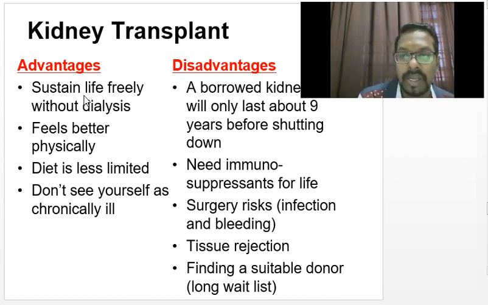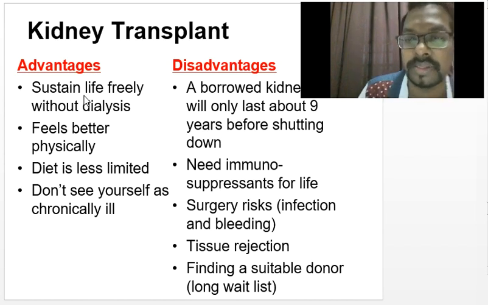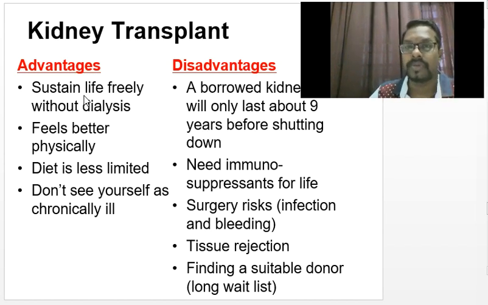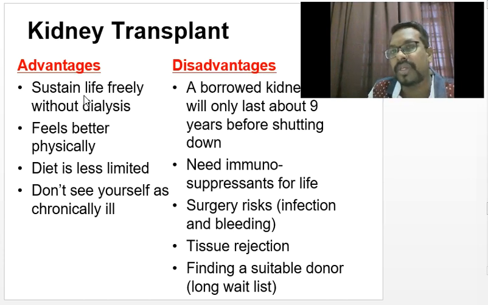You need immunosuppressants for life, because the kidney is not yours, so it doesn't fit 100% into your body system. And you have surgery risk, maybe infection and bleeding, tissue rejection, and you need to find a suitable donor, so you have to wait. If you don't have sufficient time, God bless you.